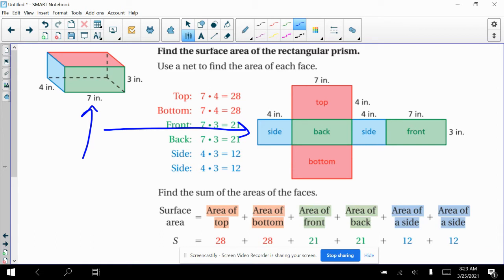Now, here's what I will tell you. This is a little bit of what's called geometry and spatial sense. Some of you are cognitively here faster than others. It doesn't mean that you don't know how to do it. It doesn't mean that you can't do it. Some people can see it better than others.